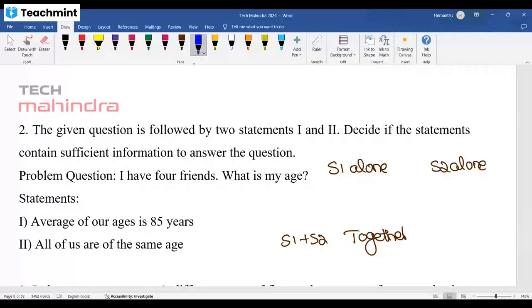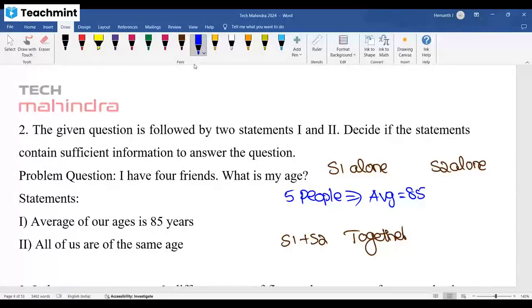I have four friends, so total 5 people, and the average is 85. Five people averaging 85 means one may be 90, one may be 80. If suppose two people, one is 80 and one is 90, the average is 85.